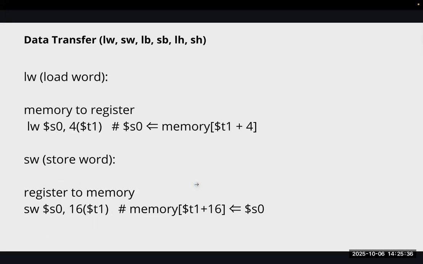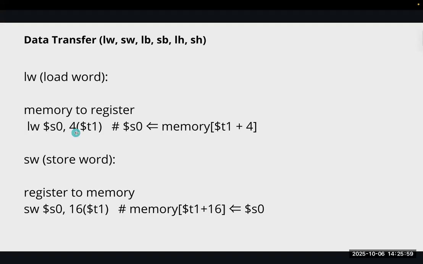Now data transfer, load word. When you're using load word, if you want to know what is at a particular memory, like the next 4 bytes from T1, you're going to use load word, and store it somewhere. You need to get the value and put it somewhere. That is going to be your S0 or any temporary register.